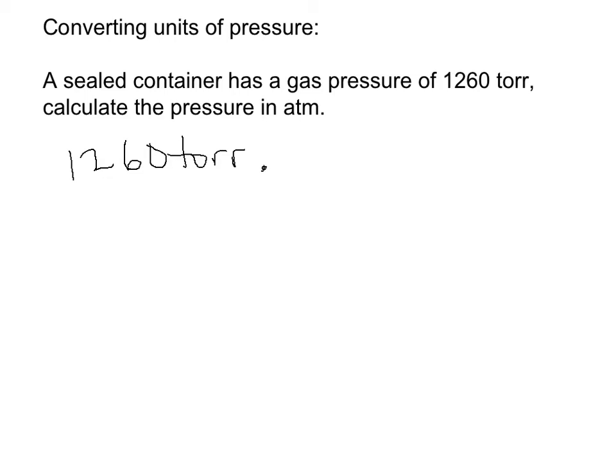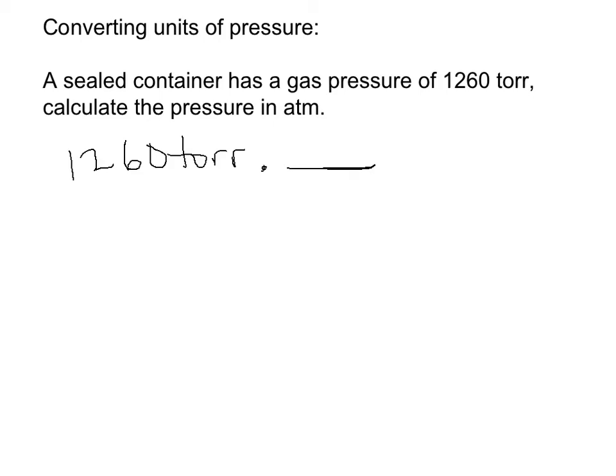Alright, well, let's think of a conversion factor. I don't necessarily know the relationship between torrs and atmospheres, but if you recall, I know that a torr and a millimeter of mercury are the same thing, and I know that 1 atmosphere is 760 millimeters of mercury. Therefore, 1 atmosphere is also 760 torr.